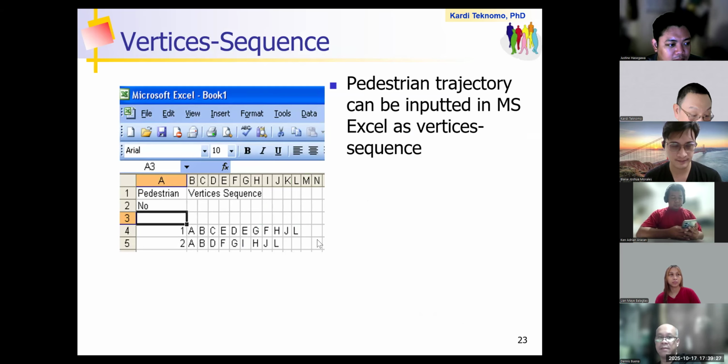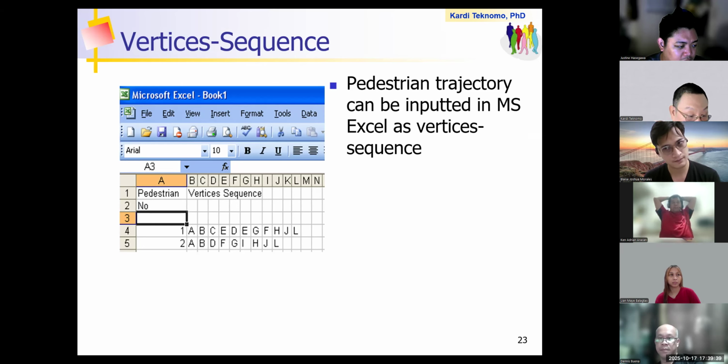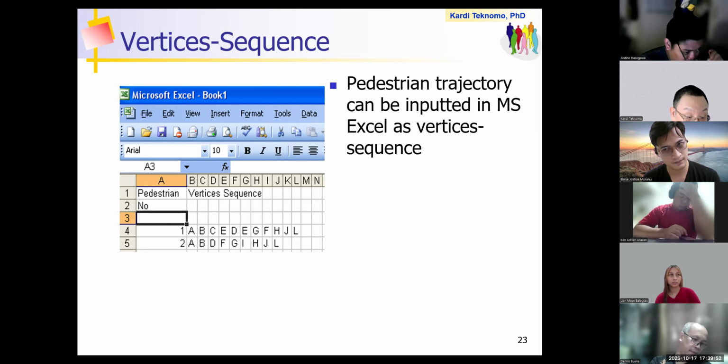These two pedestrian trajectories are typed manually. Is it clear? So we input the label of the vertex sequence into a cell in the Excel spreadsheet. Then we can use this information to compute the flow count, and later the alley attractiveness index, in the same spreadsheet.